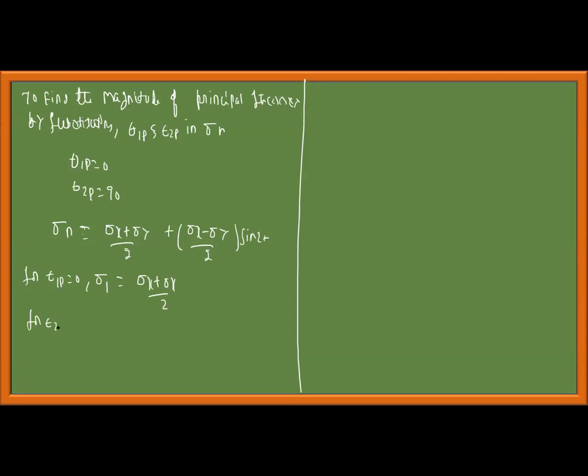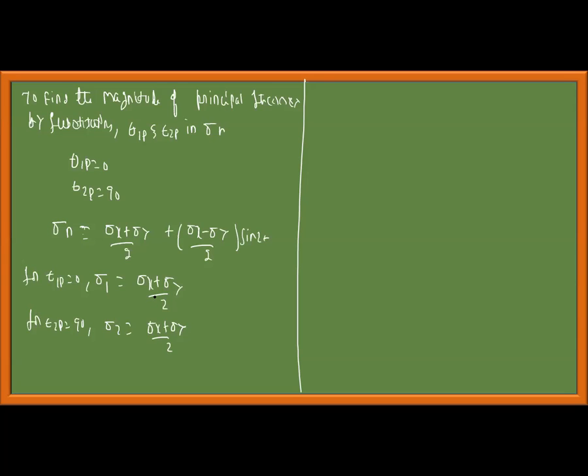For theta 2p equal to 90 degrees, sine 180 is also 0, so sigma 2 is also equal to sigma x plus sigma y by 2. So these are the magnitudes of principal stresses.